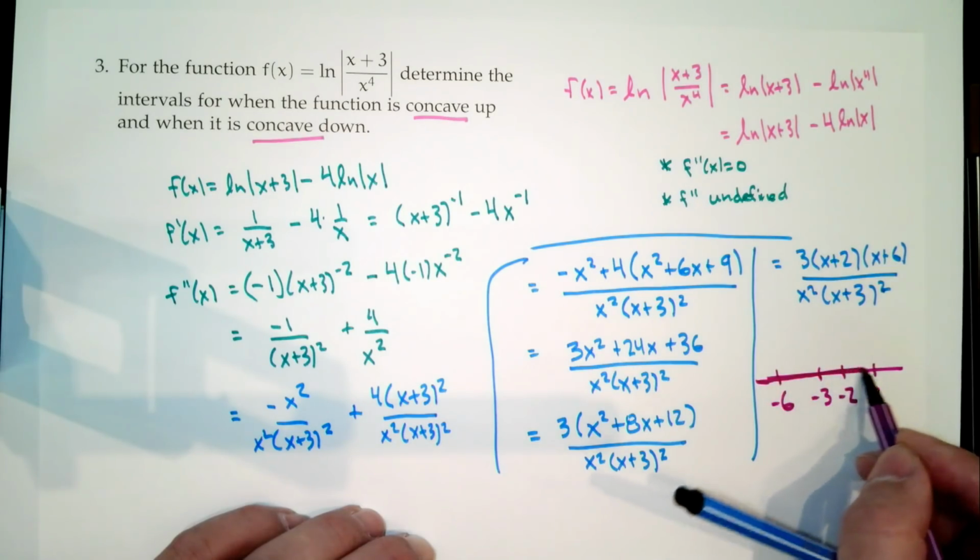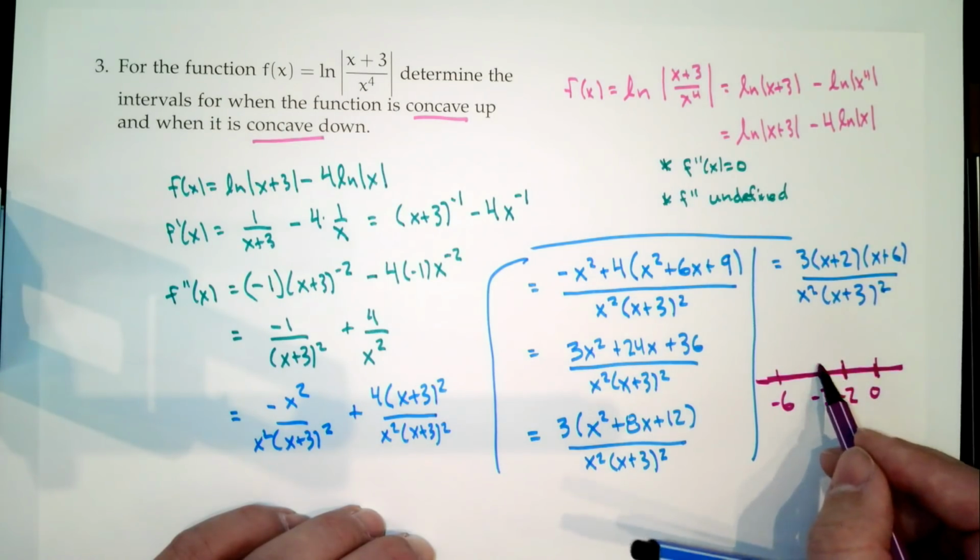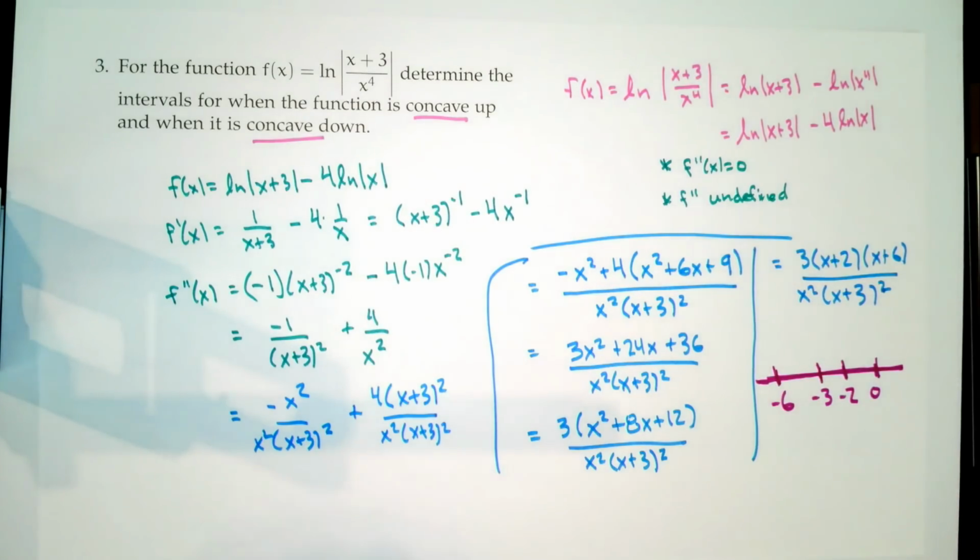So what I've done here is I've drawn myself a number line, and these are the places where I could potentially switch sign. Now, it doesn't mean I do switch sign, but I could potentially switch sign at those places. What do I do next to help me finish this up?